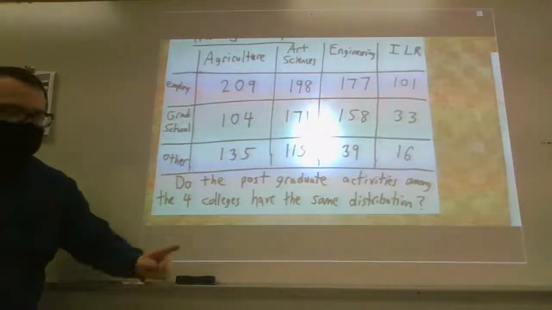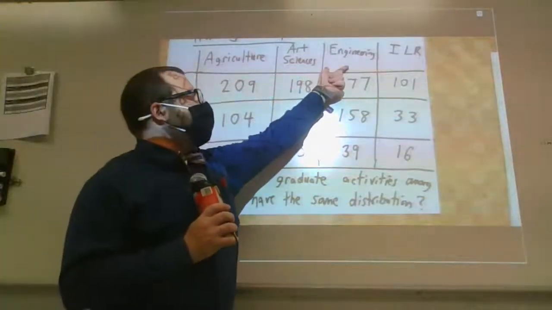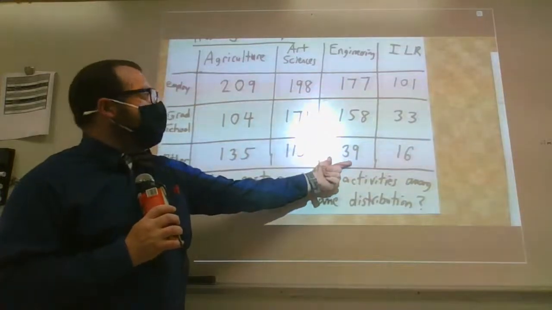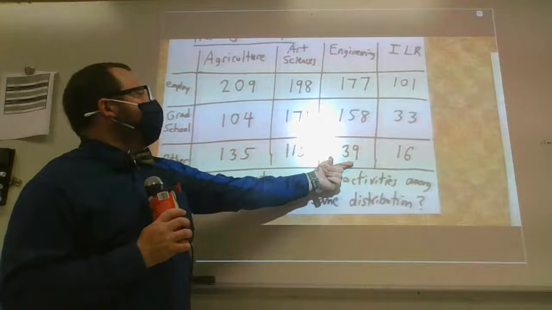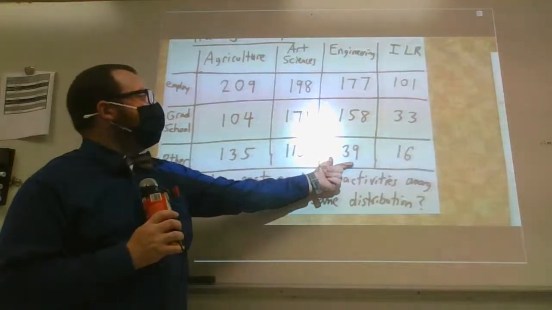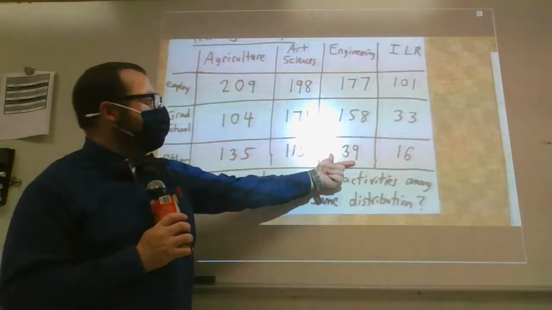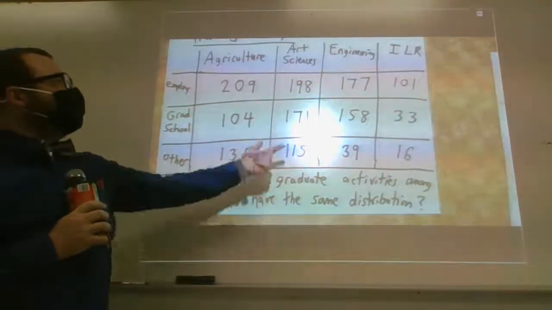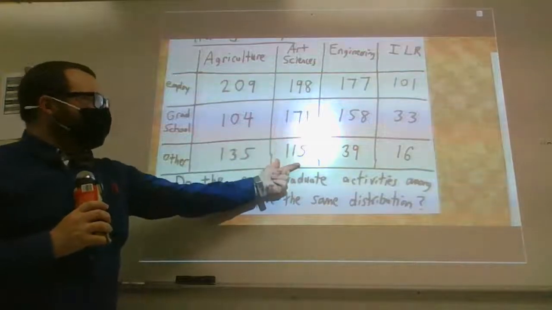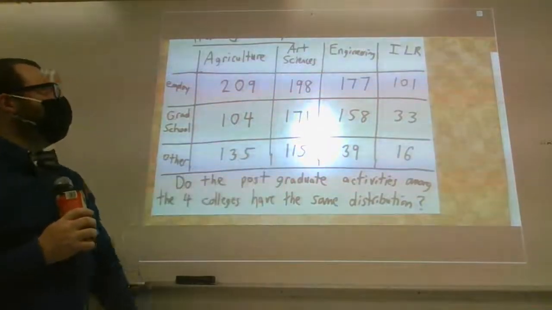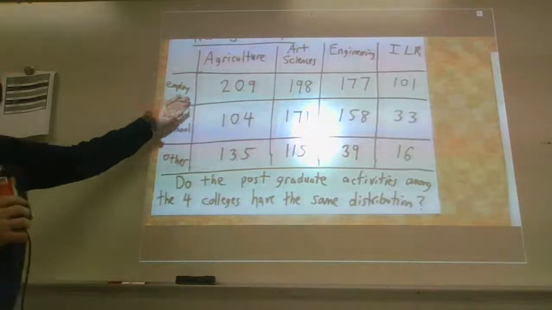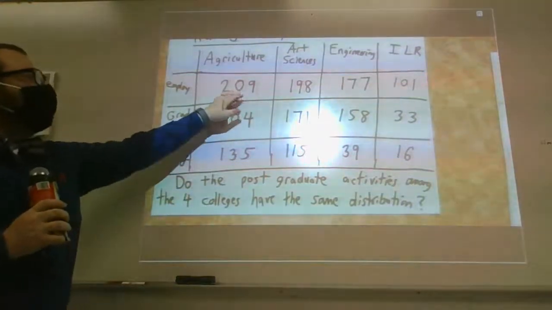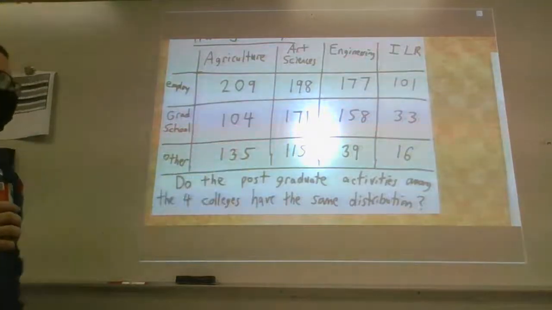The thing that I was pointing out about engineering before: if you look at engineering, there's a distinct difference between the engineering students who are employed and in grad school versus other. This is a much smaller number. Whereas if you go to the arts and sciences, they're a bit closer together. Agriculture, it looks like a lot of people are employed, but also a lot of people are other.